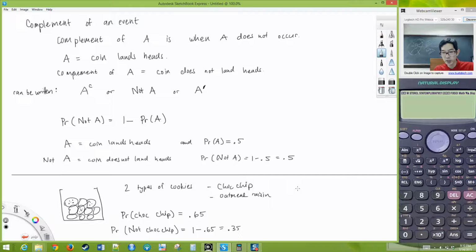And then we can also say not chocolate chip means oatmeal raisin. So we can define the complement to be this. That means what's the probability of getting oatmeal raisin? 0.35.